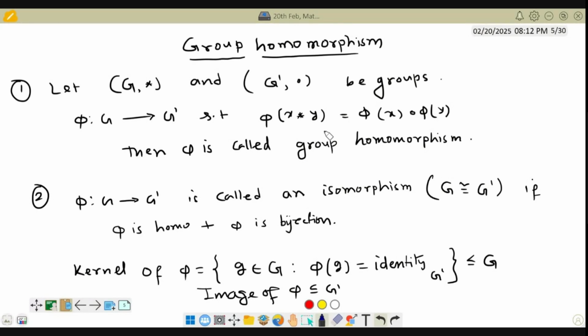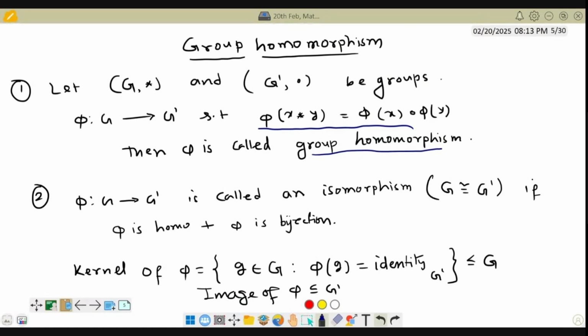Suppose you have two groups, G with respect to star and G prime, and phi is a map from G to G prime. If phi satisfies this property, then we say phi is a group homomorphism. And if this homomorphism is injective and surjective both, then we say phi is an isomorphism: group homomorphism plus bijective.